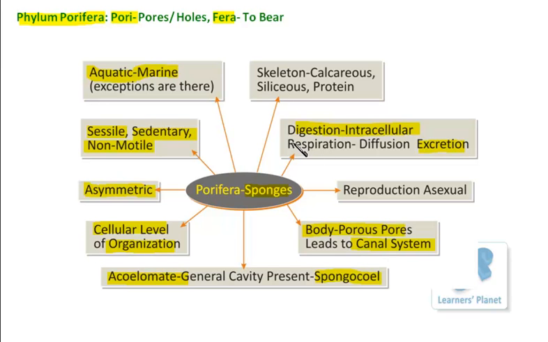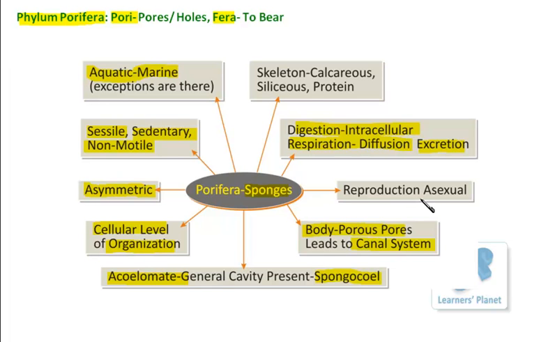Besides this, it also helps in providing oxygen for respiration. The dissolved oxygen is diffused inside the body cells, and respiration is therefore possible. So these life processes take place in a very simple way, and that is possible because of the canal system, or the pores present in the body of these organisms.